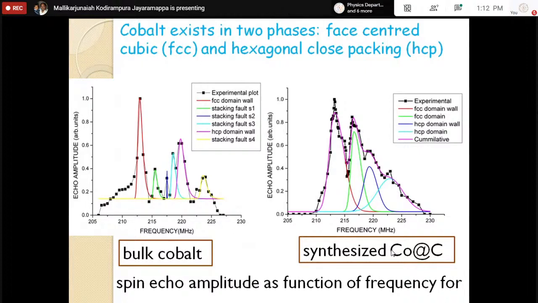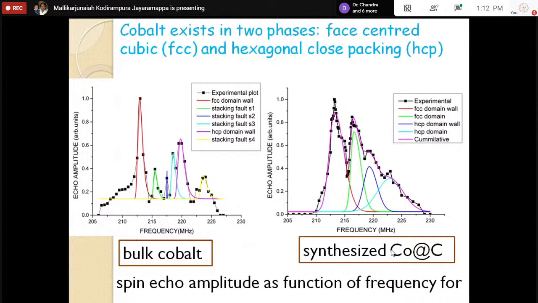The same thing happens with hexagonal close packing also. What I mean to say is that by making measurements using an internal field NMR spectrometer, we can identify contributions from the domains and domain walls, and also whenever we have two phases in the system.